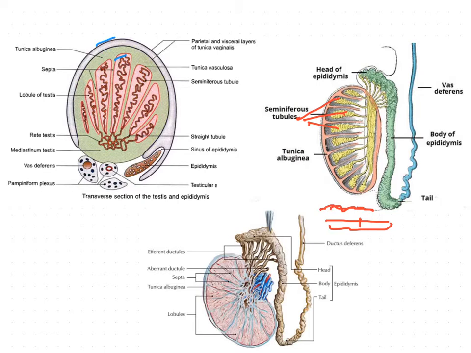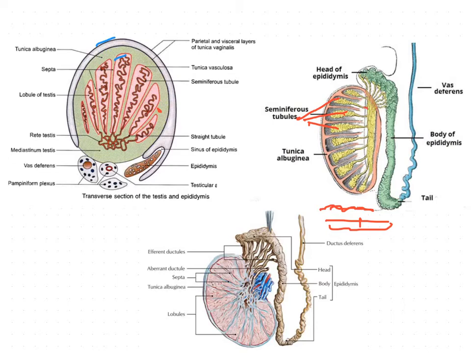So these seminiferous tubules join together at the apices of the lobules. Each lobule is almost triangular in shape, that means it has a base and an apex. At the apices of each lobule, these seminiferous tubules join together to form 20 to 30 straight tubules.